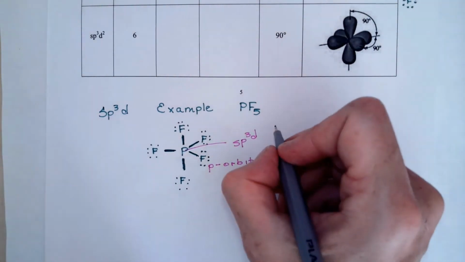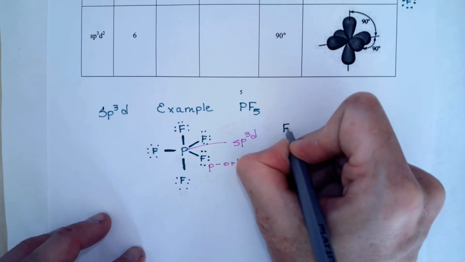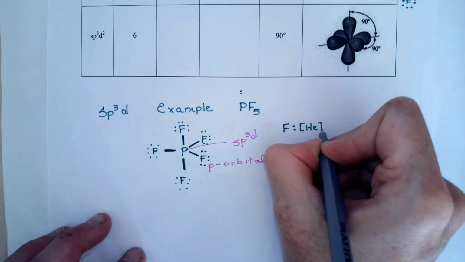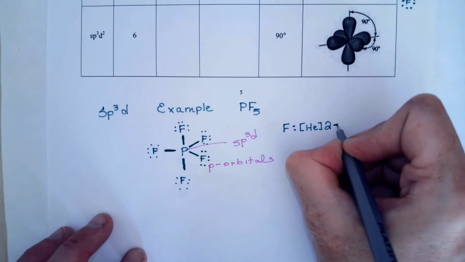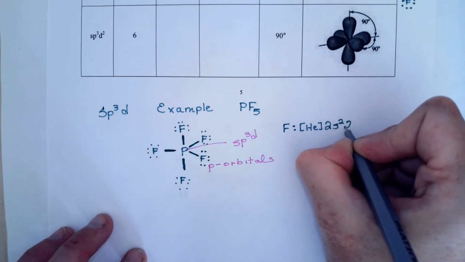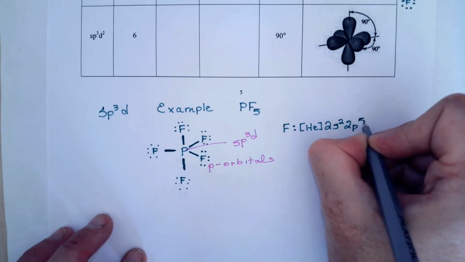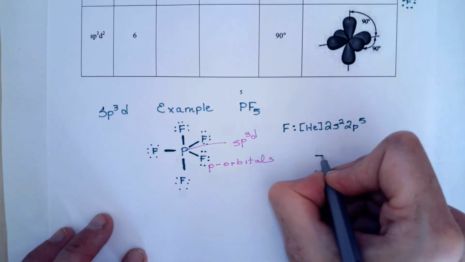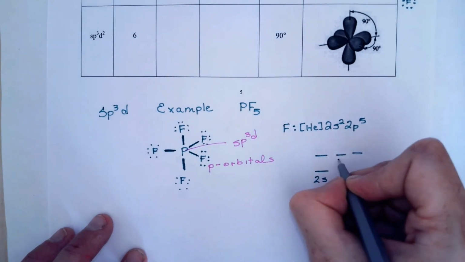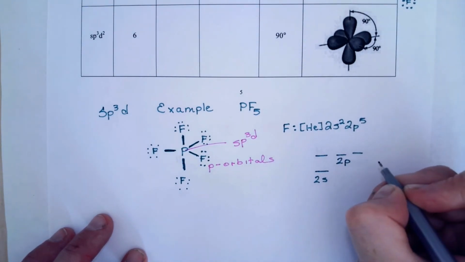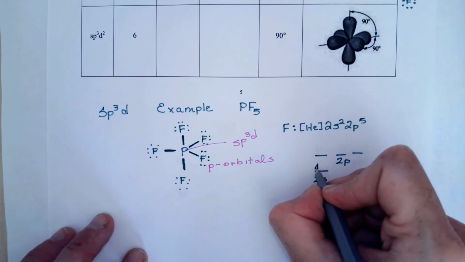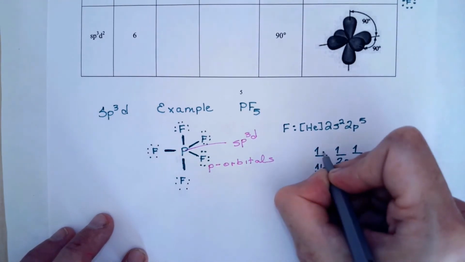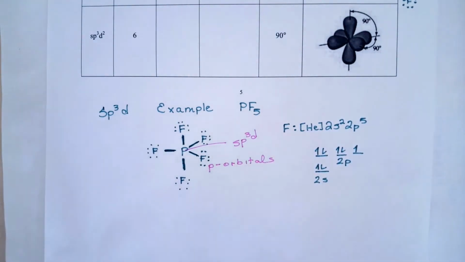Well, look at the electron configuration for fluorine. We'll do helium, 2s2, 2p5. We got our 2s down here, our 2p right here. 2s2 is full, 2p5, we're almost full there.